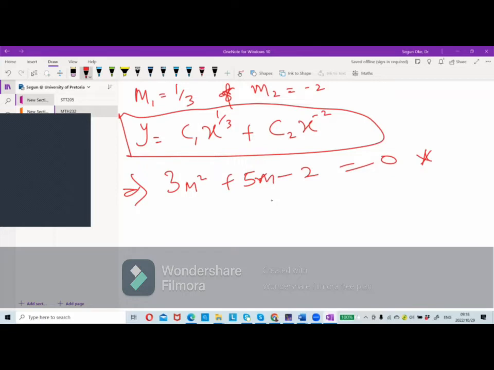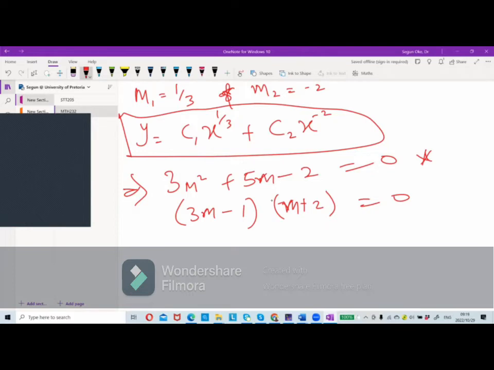Now, in this case, you agree with me if I said 3m minus 1, m plus 2 equals 0? If you open this bracket, are we going to get the same thing?